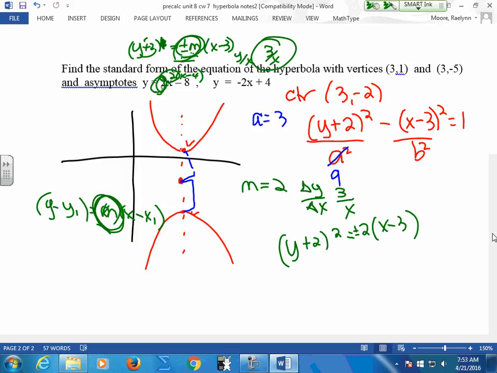Because I can do this. I'll just do the positive one if it helps. So 2x minus 6. Then what do I have to do? I've got to get y by itself. I've got to subtract 2. So it's my equation. You just don't see the rest of it because it all gets distributed and pulled over.